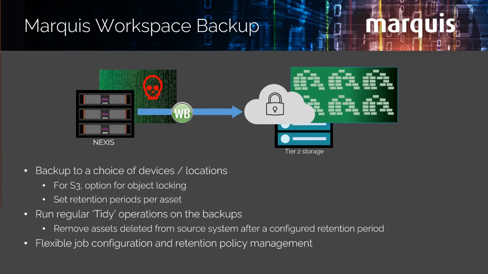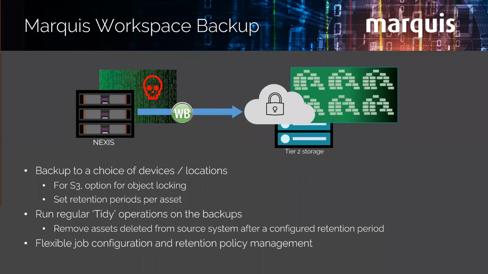And then we can back this up to a choice of locations or devices. And if you go to something like an S3 object storage, there's now the option to support the object locking functions within S3 to give you an extra level of control and protection. In that case, we can set retention periods per asset as we're writing them into the backup. And then we can run regular tidy operations on that backup we've created.